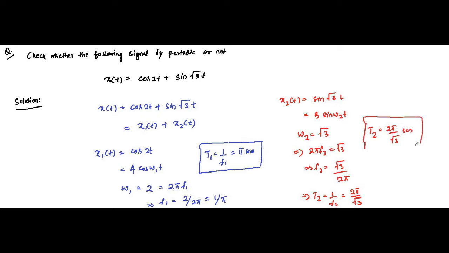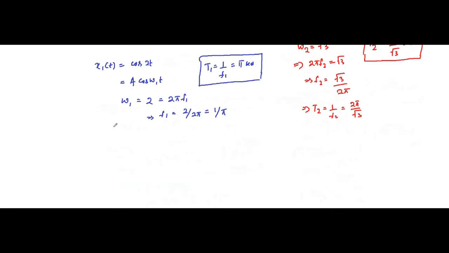Now if you remember, the first condition of periodicity of the sum of two signals is that the ratio of their individual time periods should be a rational number.